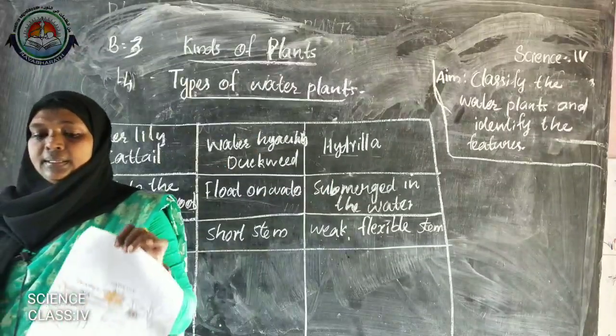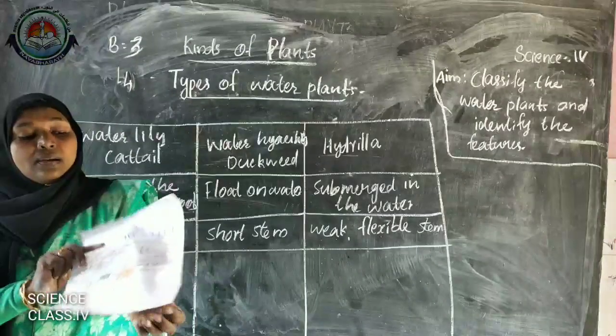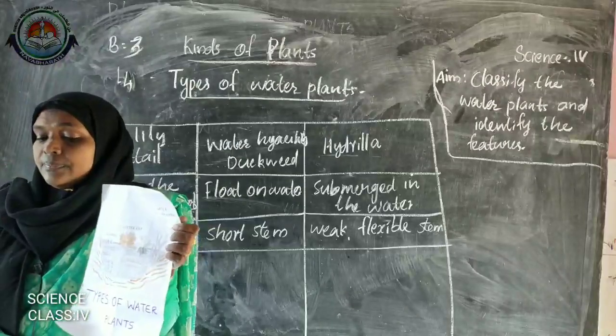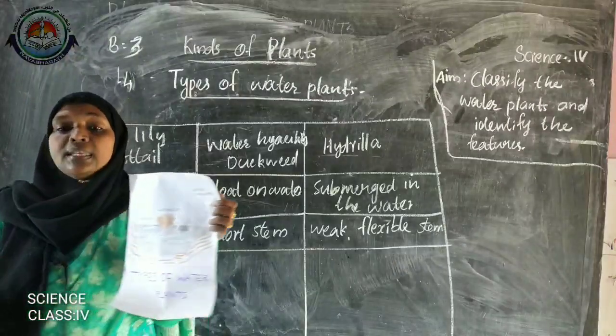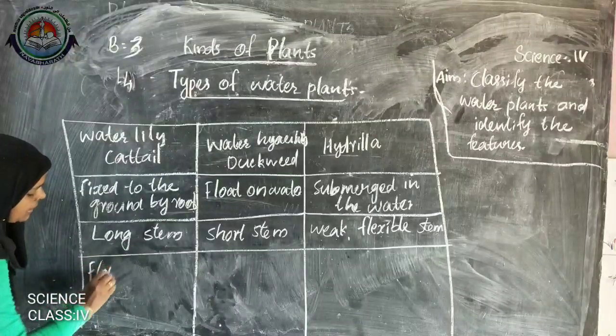Then where are the flowers and leaves in water lily and cattail? Above or under? Flowers and leaves are above the water.